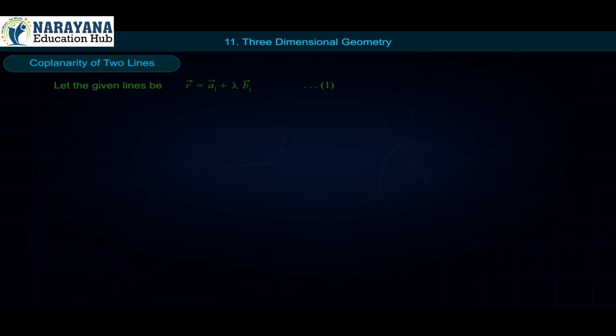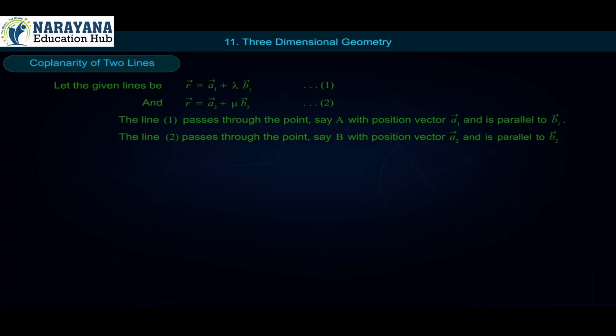Coplanarity of two lines. Let the given lines be vector r1 is equal to vector a1 plus lambda into vector b1, equation 1, and vector r2 is equal to vector a2 plus mu into vector b2, equation 2. The line 1 passes through the point, say A, with position vector a1 and is parallel to vector b1. The line 2 passes through the point, say B, with position vector a2 and is parallel to vector b2.